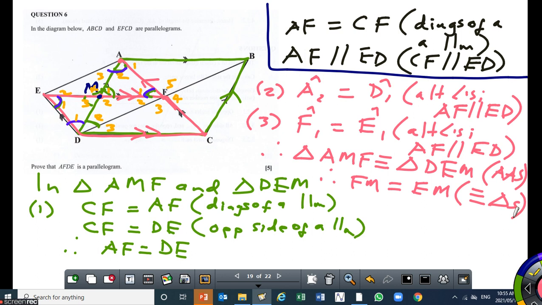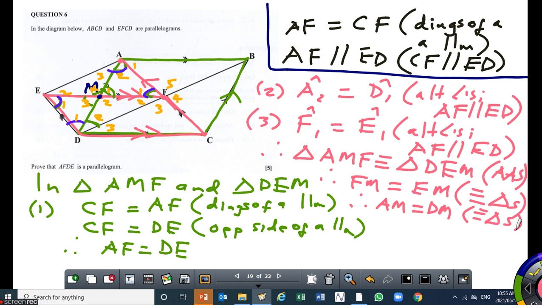Those 3 horizontal lines and the triangle sign and the S means congruent triangles. If you want to be more specific, then you specify that triangle AMF is congruent to triangle DEM. Furthermore, AM will be equal to DM, and again the reason is congruent triangles.